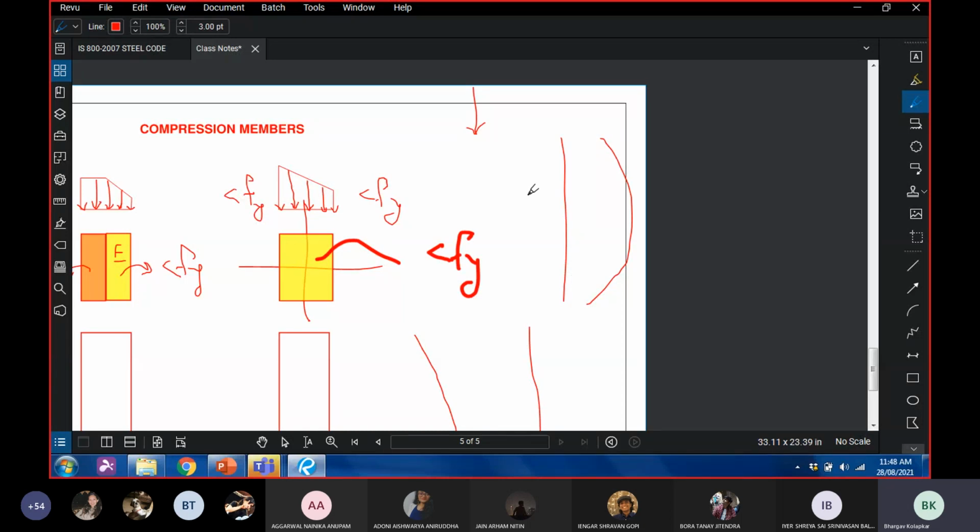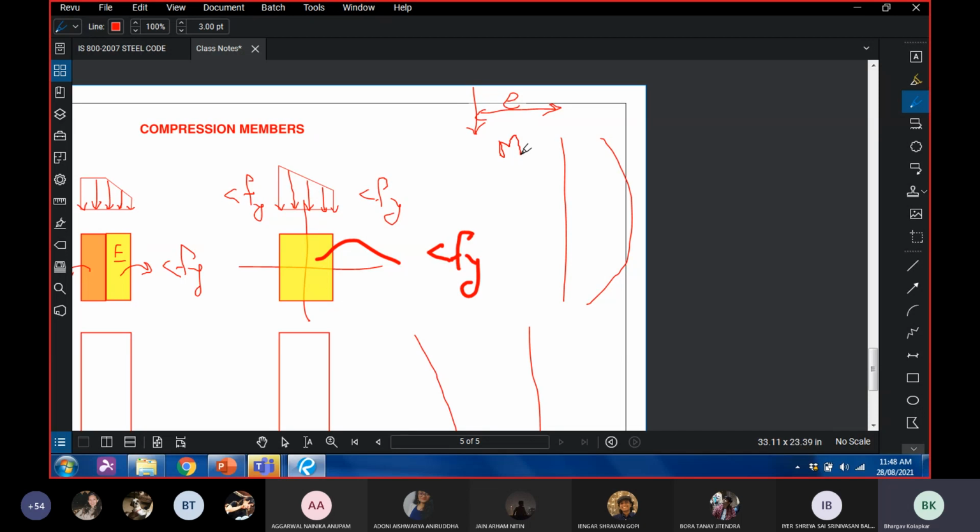Okay, I don't understand your question fully, but do you mean to say that what if this eccentricity is very large? Yeah, exactly that. We have a significant amount of movement.